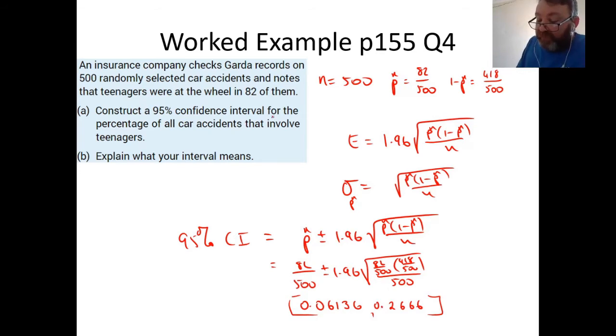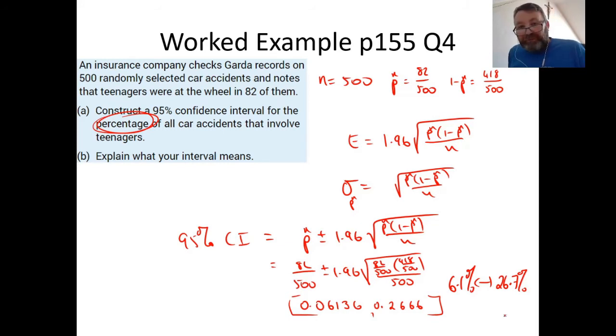Now what does it say? Construct a 95% confidence interval for the percentage of all car accidents. Well, that's going to run between 6.1% up to 26.7%. But as part B says, what does it mean? It means the following.